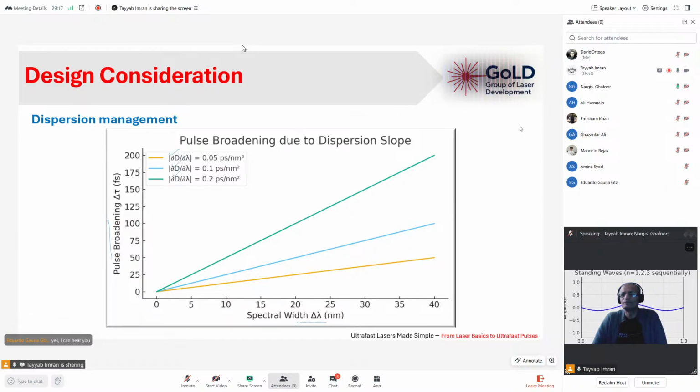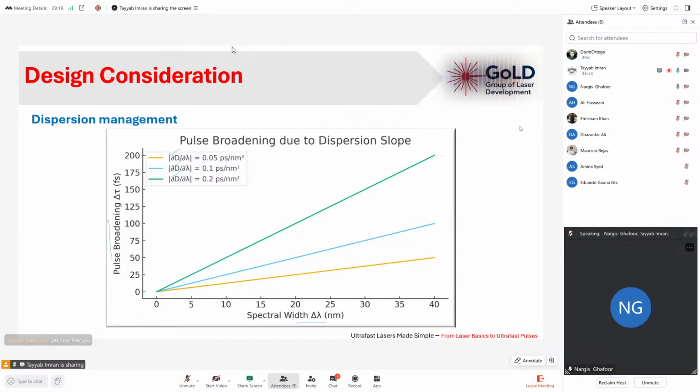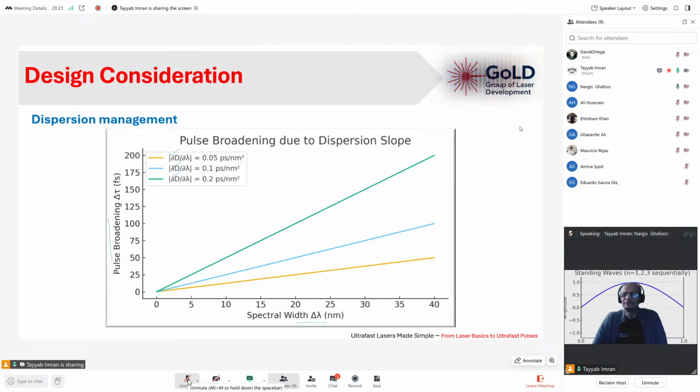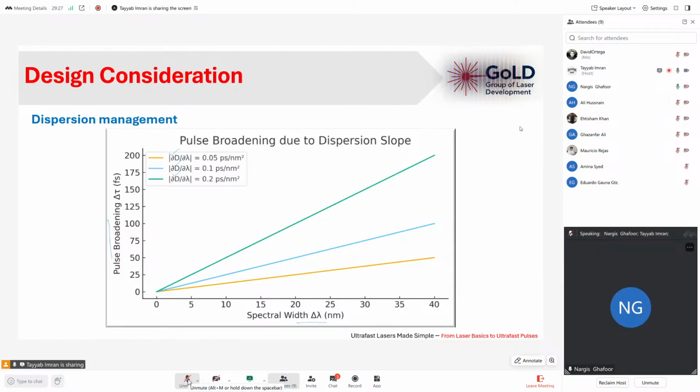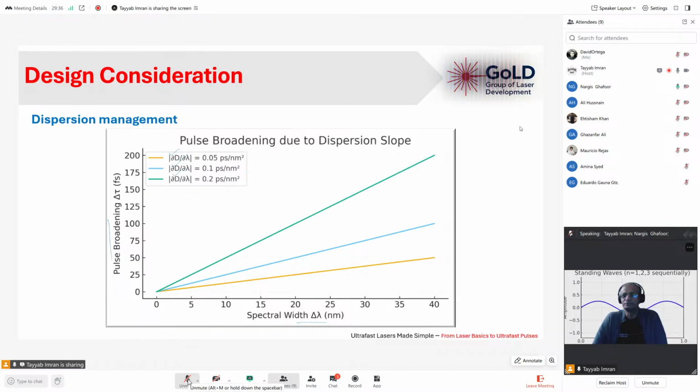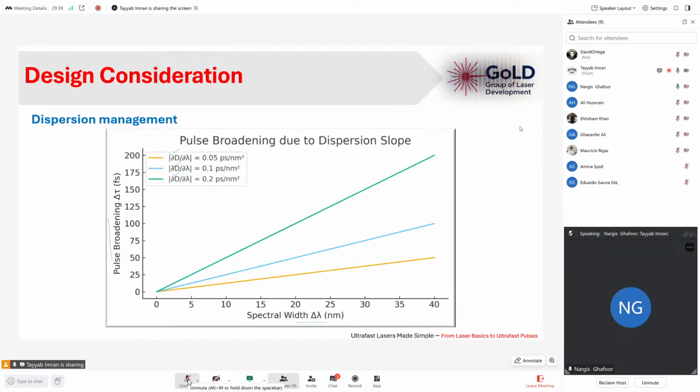Sir, I'm here. Okay, at least you could listen. Go ahead. What I am getting from this graph is that the pulse broadening is increasing because of dispersion, when the dispersion is happening in the material, with the passage of time the pulse broadening is increasing.